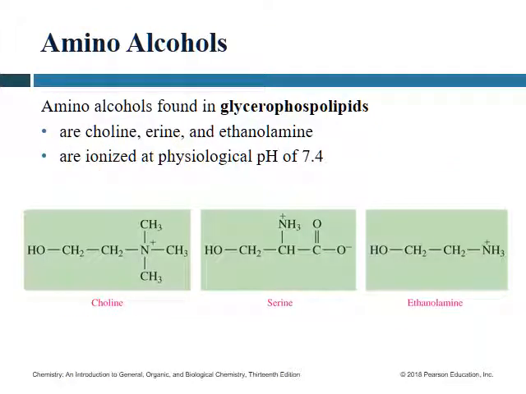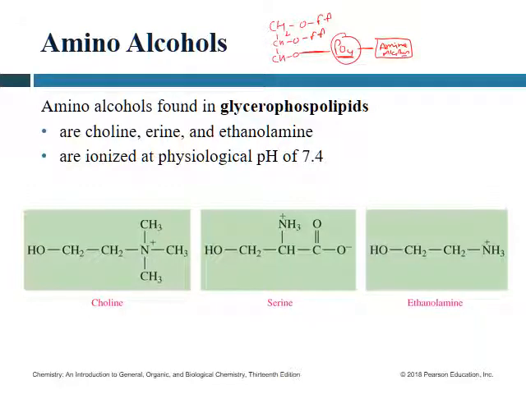From the previous slide, when we saw the structure of glycerophospholipid, we found the third OH group from the glycerol is bound to the phosphate group. This is O-fatty acid, CHO-fatty acid, and the third OH group from the glycerol is bound to the phosphate group, and this phosphate group is bound with an amino alcohol, right?